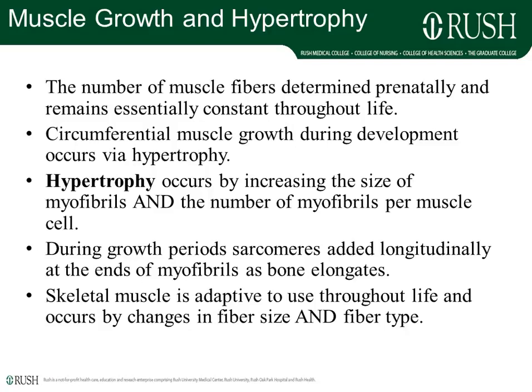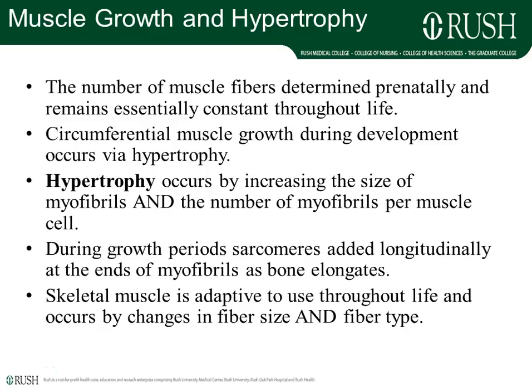But if you want to build muscle like bodybuilders, what you're talking about there is circumferential muscle growth. And that occurs via something called hypertrophy. In hypertrophy, you increase the size of the myofibril diameter and you increase the number of myofibrils per muscle fiber.